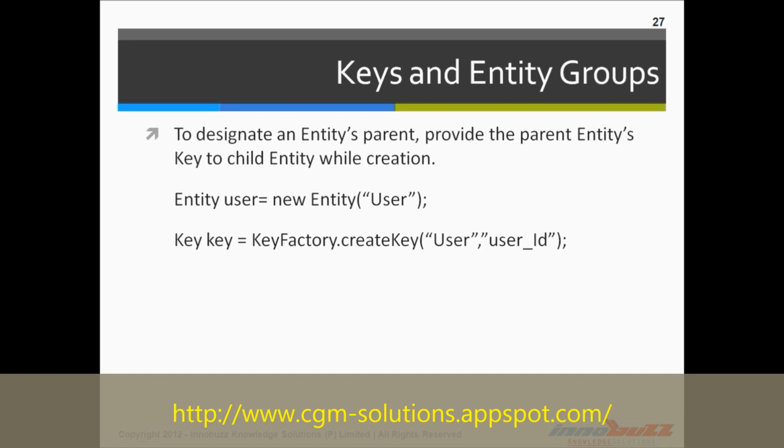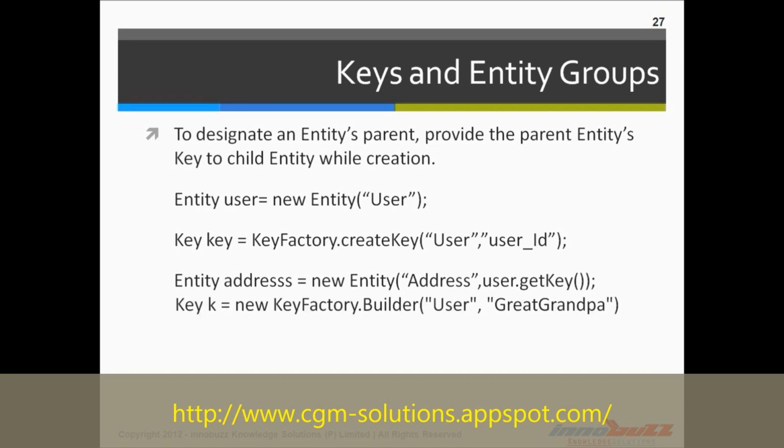Creating a key for the user with the help of KeyFactory by passing user ID as a parameter, and for another entity address, we are making address a child of the user by passing the user's key to the address. We are making user a parent of address.